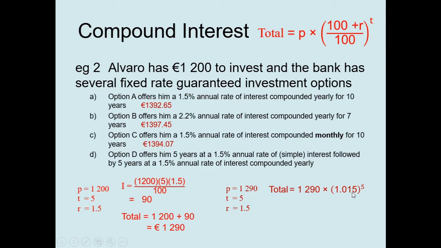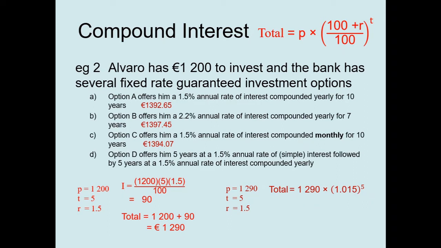But to turn a percent into a decimal, we divide by 100. So my decimal has moved 2 places over, which has taken it from between the 1 and the 5 to after the 1. Right, working that out, that gives us a total of 1,389 euros and 69 cents, rounded to 2 decimal places again.